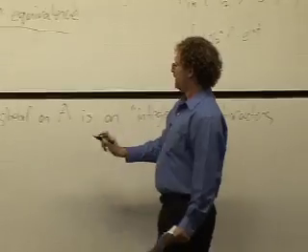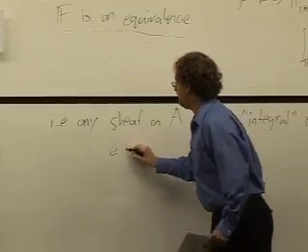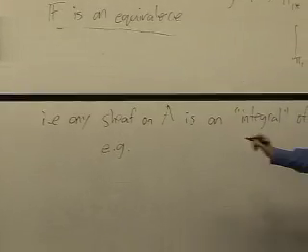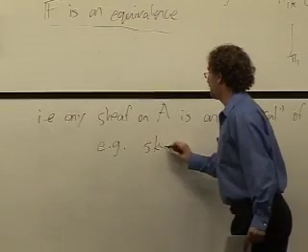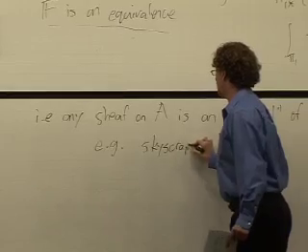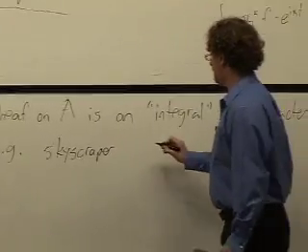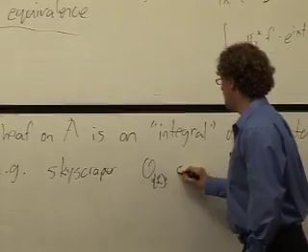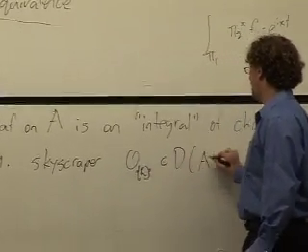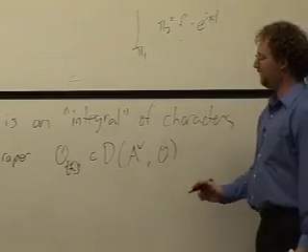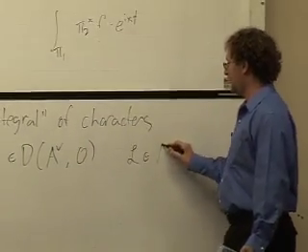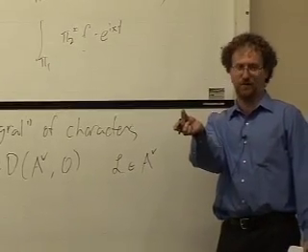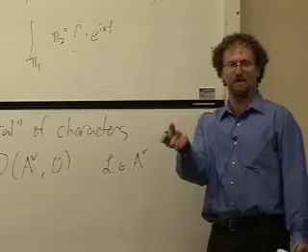So maybe to be a little more specific about it, what can we apply this functor to? For example, let's take a skyscraper. I'm going to take, let's call it O sub L. This is a particular kind of object in this derived category. That means you take the point L, a point of A check, and you take the one-dimensional vector space sitting at that point, and 0 elsewhere. So it's kind of the analog of the delta function.